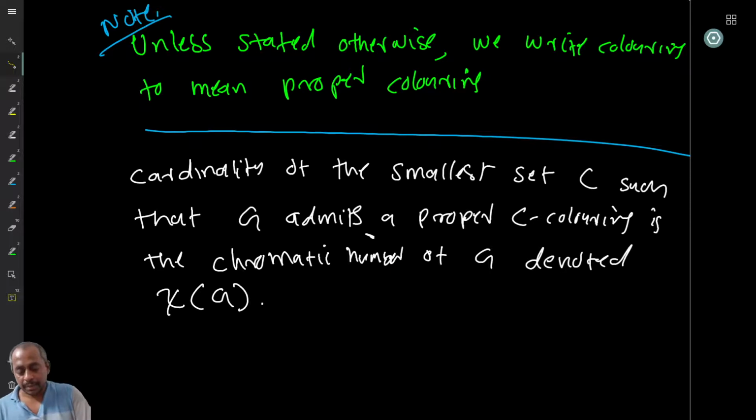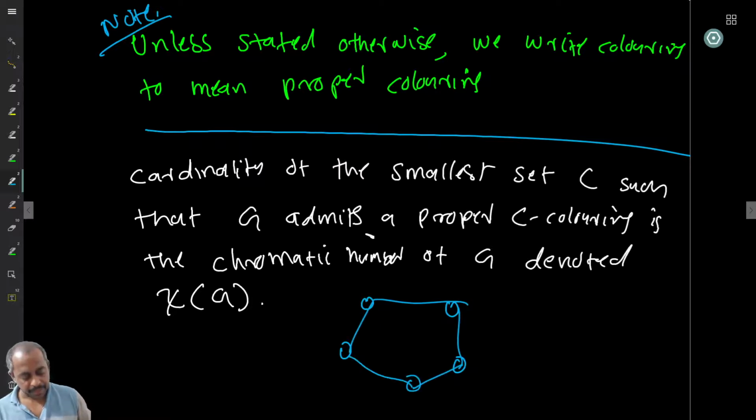For example, let's say that I take this graph. Or maybe this graph. Now, what is the minimum number of colors that will allow us to color this graph? How do I argue this?